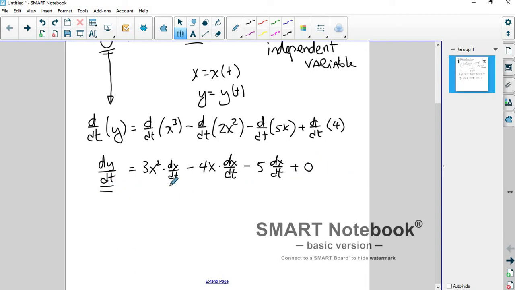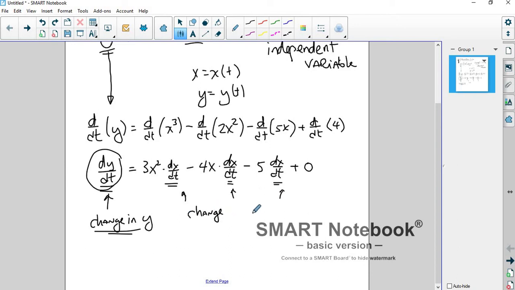But you'll notice the relationship here. What does dy/dt represent? This represents the change in y. In our problem, it represents how quickly the point is going up or down on the graph, north or south. What does dx/dt mean? dx/dt means the change in x.